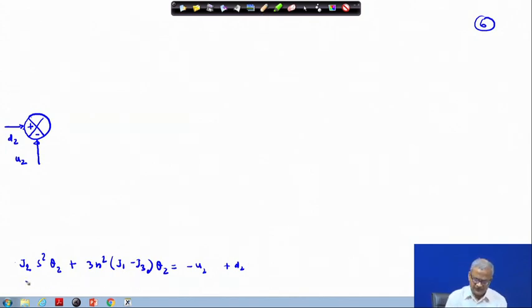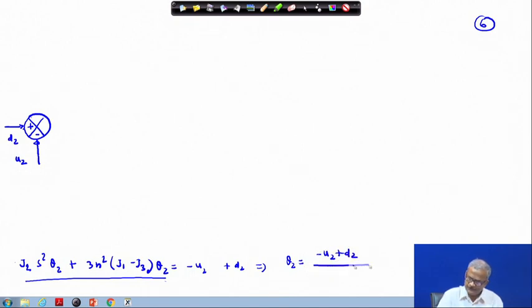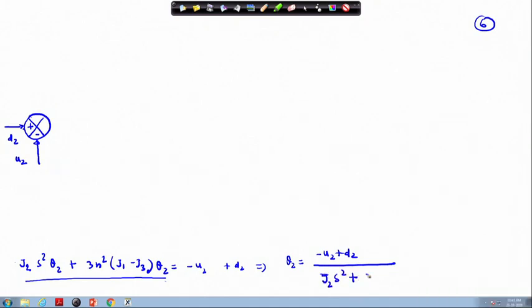So, this can be written as theta 2 equals minus u 2 plus d 2 divided by j 2 s square plus 3 n square times j 1 minus j 3.